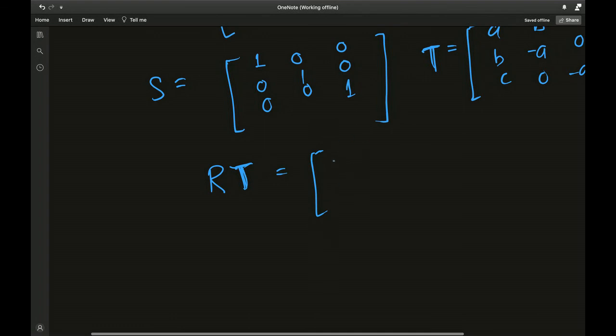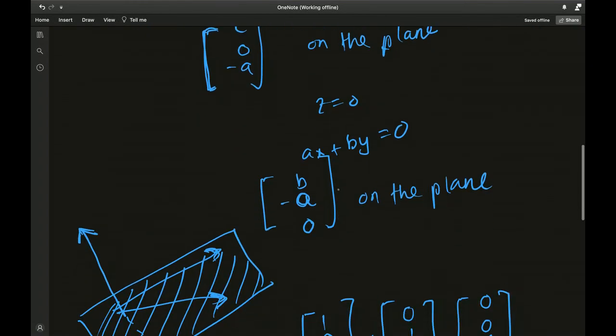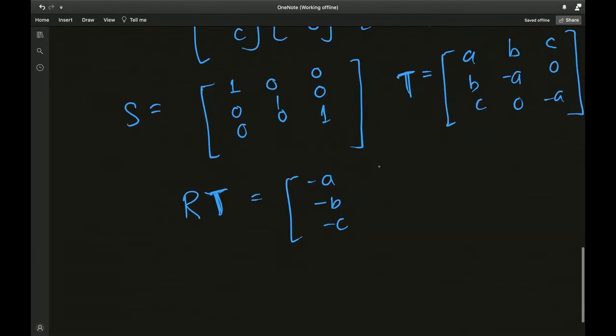So by 180 degrees reflection, I mean it will become negative A, negative B, negative C. While the other 2 vectors that are inside the plane, if you reflect them along the plane, they'll remain the same because they're lying in the plane. So B negative A 0, C 0 negative A.